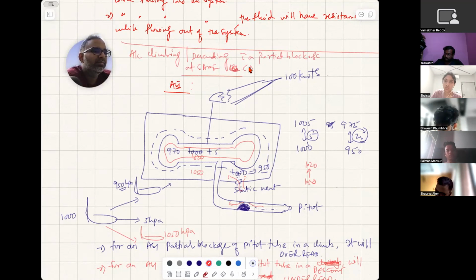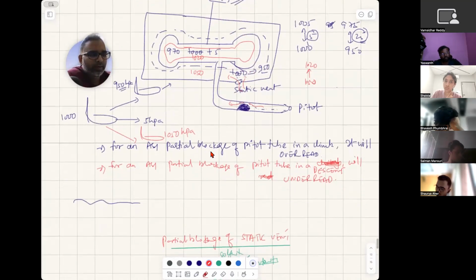I cannot say true airspeed also, same speed for an individual who is looking from the outside. Okay. Fine here.